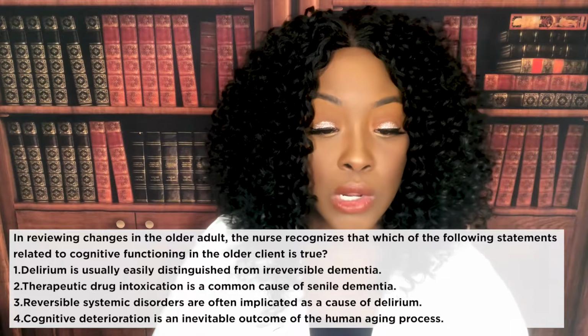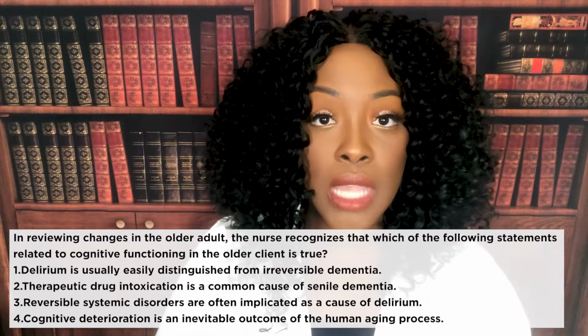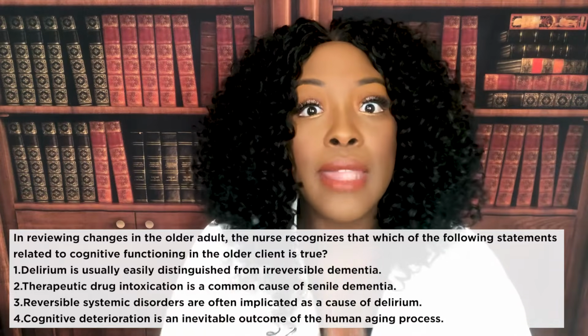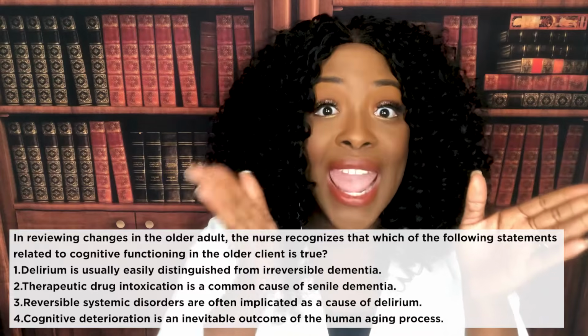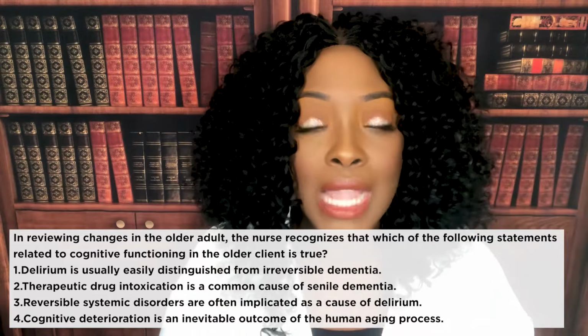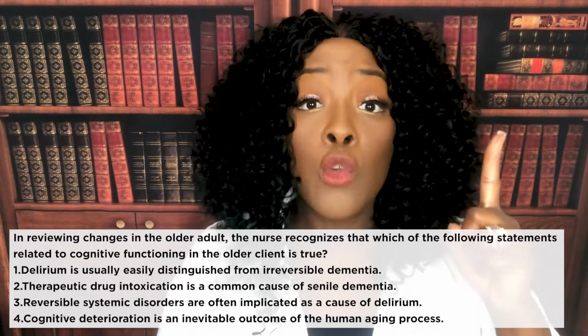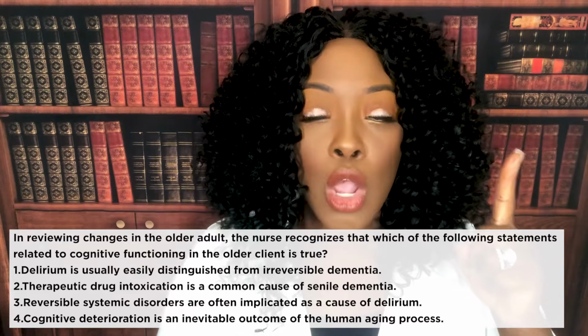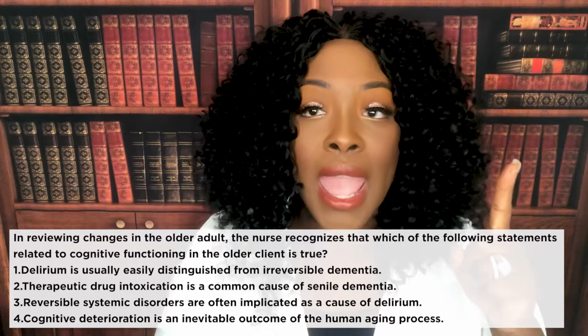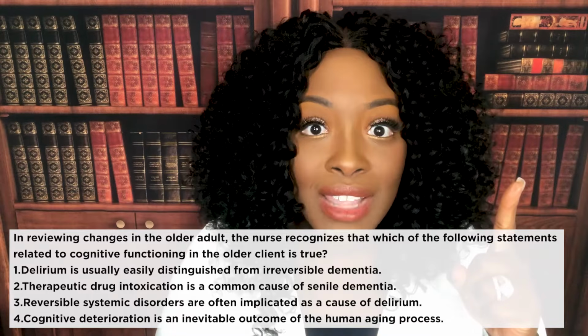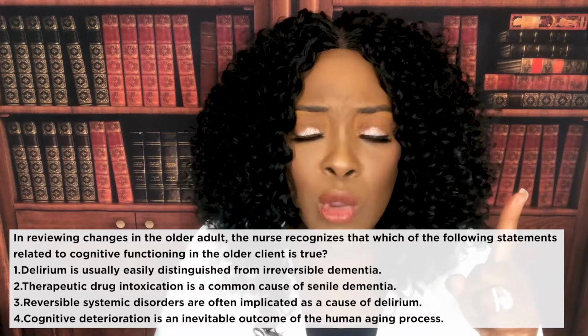Reversible systemic disorders are often implicated as a cause of delirium. So guys, let's get this straight. You have to know the difference between delirium and dementia. Let's talk about delirium first. Delirium is, 1, reversible, right? Something is causing the delirium, but as soon as that something is cured or resolved, the delirium goes away.